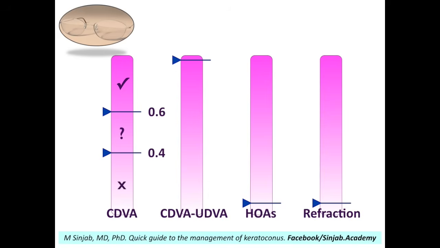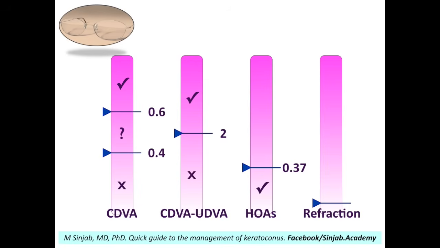And of course, when visual acuity is bad, less than 0.4, glasses are not considered. When the difference between corrected and uncorrected visual acuity is more than 2 lines decimal, using glasses is reasonable.